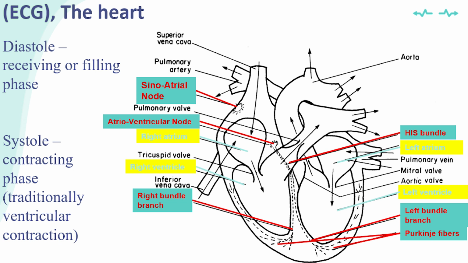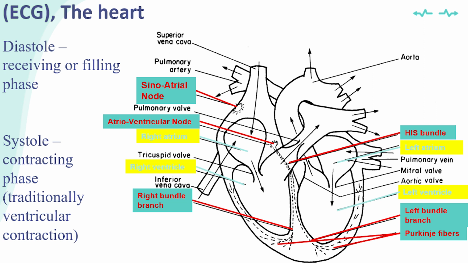It does two things. Firstly, once it receives the action potential from the SA node, it delays that action potential by about 0.1 of a second. The reason for creating this delay is that it wants to make sure the two atria finish contracting and finish moving all the blood into the ventricles of the heart.